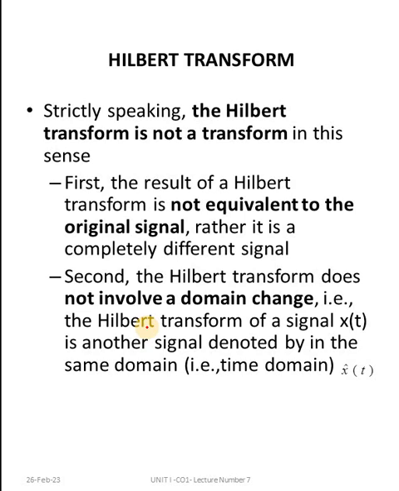For example, if you go for a Fourier transform, x of t is transformed and the outcome will be x of f. Whereas here, if the input signal is x of t, the Hilbert transform of x of t will be equivalent to x bar of t in the same domain, with respect to time.